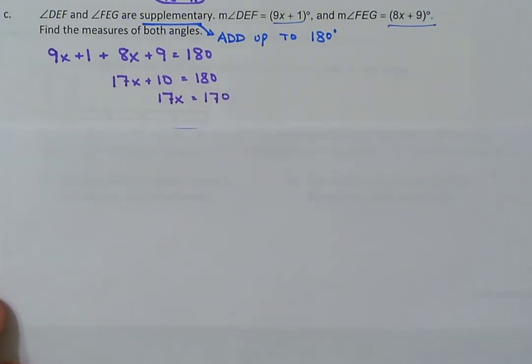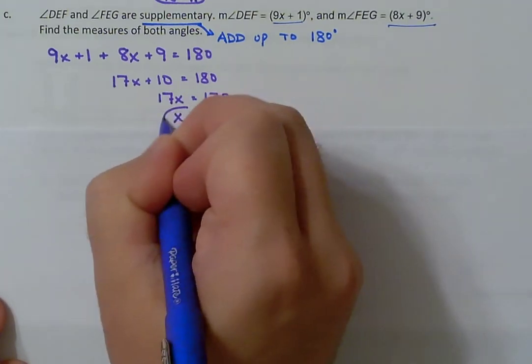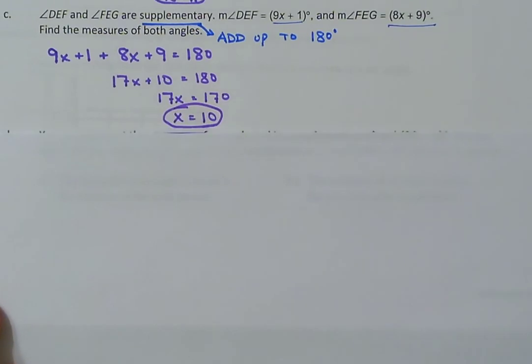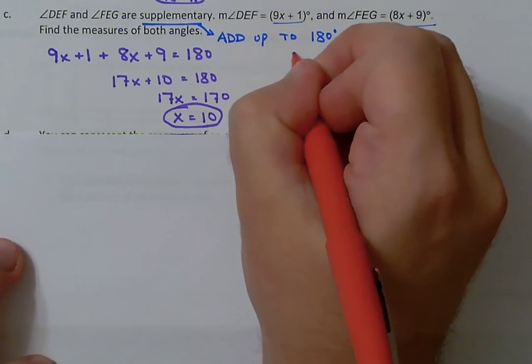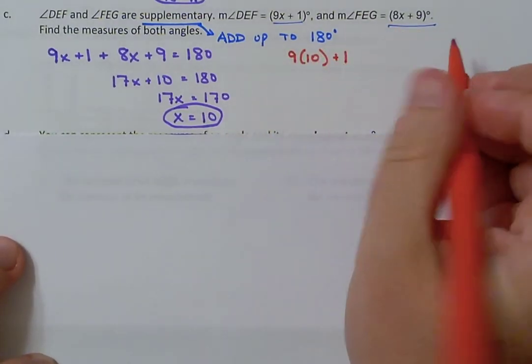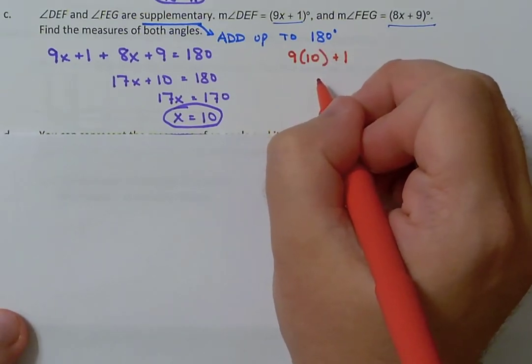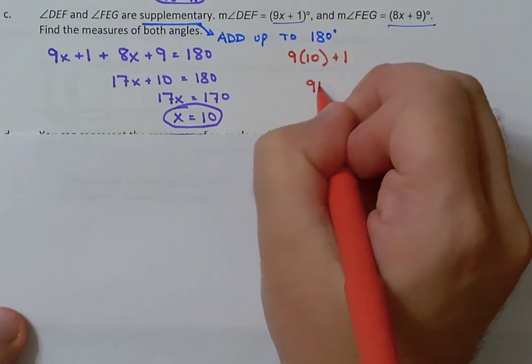And if I do 170 divided by 17, we get x to equal 10. So I now know that x equals 10, and what I'm going to do with that 10 is plug it into each expression. So if we do 9 times 10 plus 1, I would end up with 91 degrees.